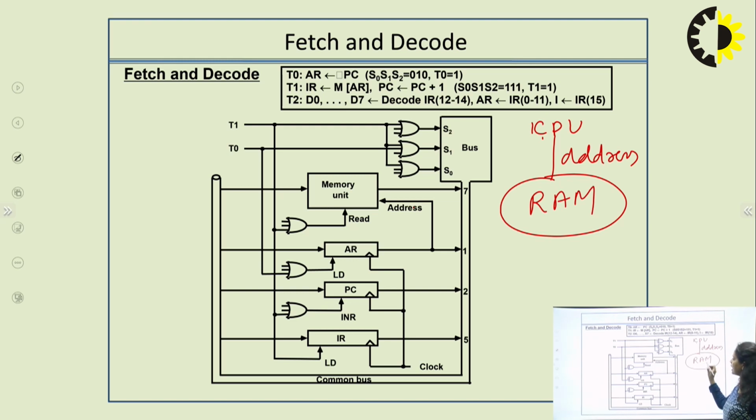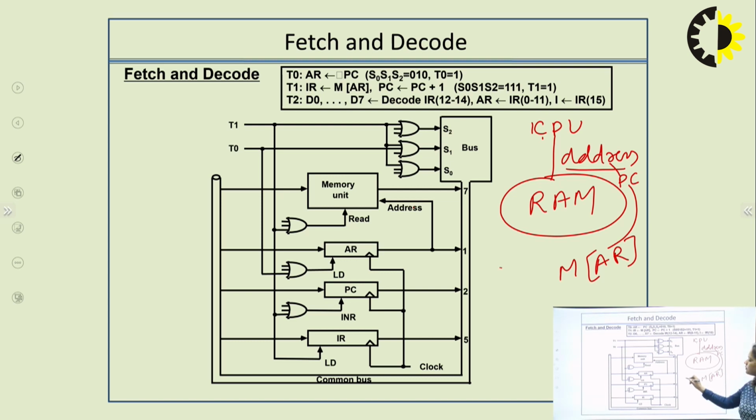So before searching, that address will be uploaded in the program counter, and after that it will be uploaded in the address register, and from the address register it will be like this: memory address AR. M of AR means the address of some memory content.